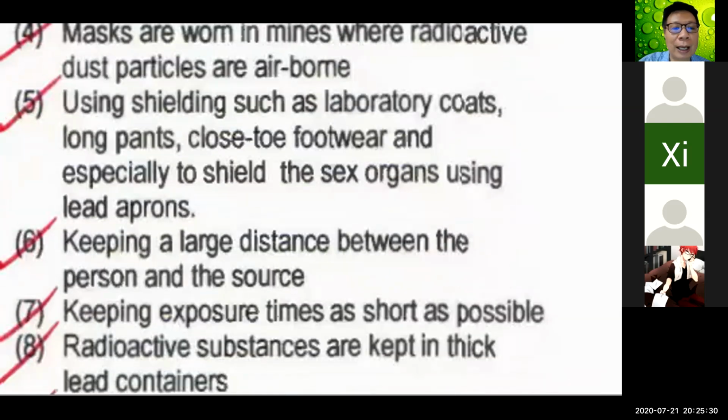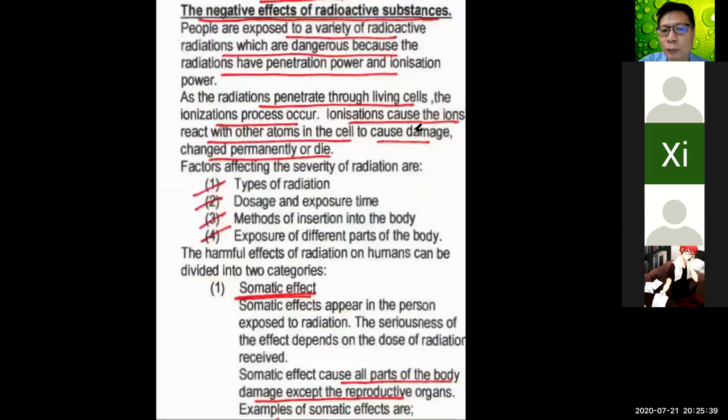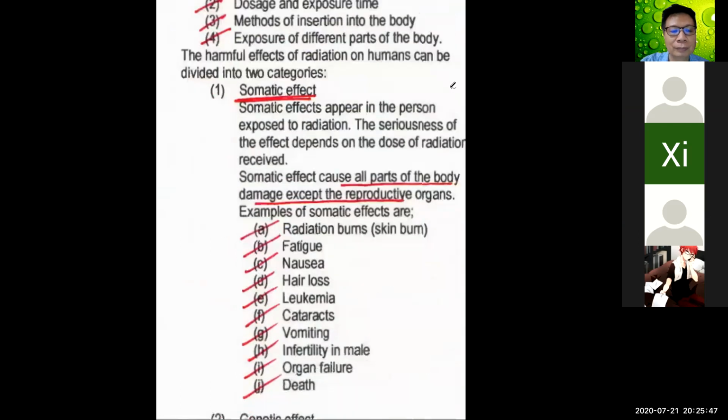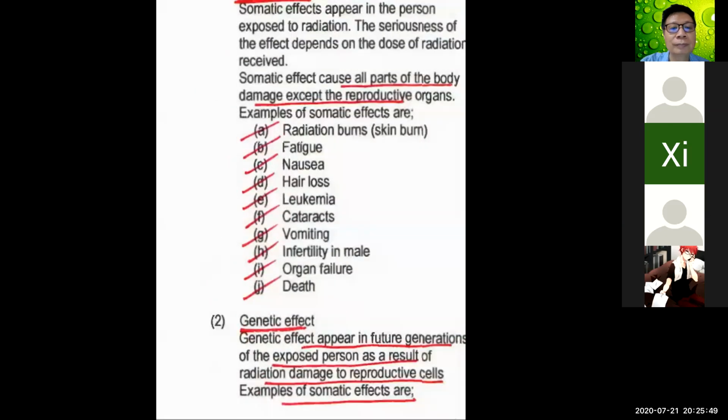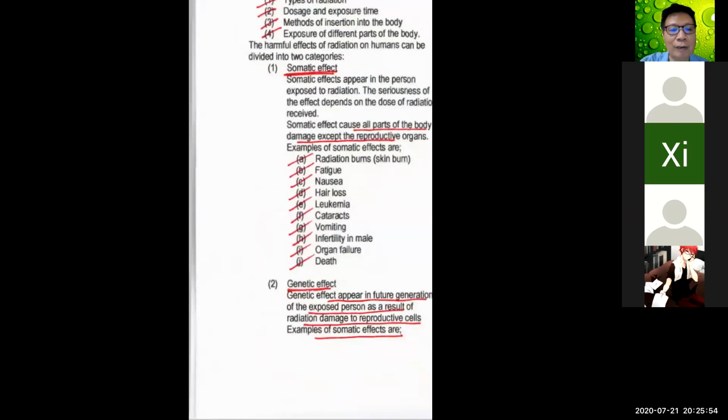All these start from negative effect, the somatic effect and genetic effect. Two minutes from now, try to digest everything and put it inside your brain. Read it through. Everyone focus.